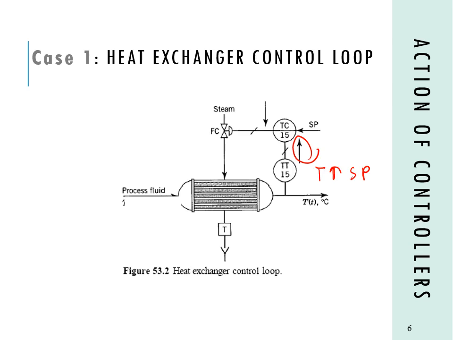To return the temperature to the set point, the controller must close the steam valve by some amount, so the controller must reduce its output signal to the valve. In this condition, when an increase in signal to the controller requires a decrease in controller output, the controller must be set in a reverse action.